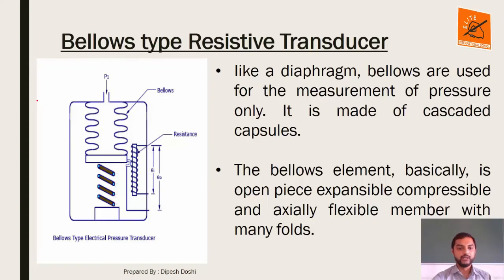This is one diaphragm, and when such diaphragms are connected in cascaded form, this is the bellows. Whenever you apply pressure, it contracts or expands. Clear? It can work three ways: axially, horizontally and vertically, as clearly mentioned here.